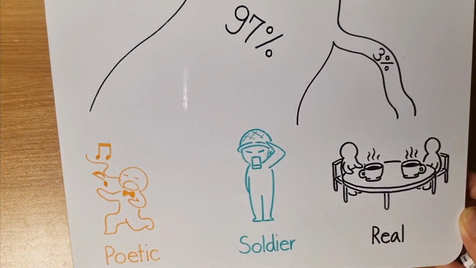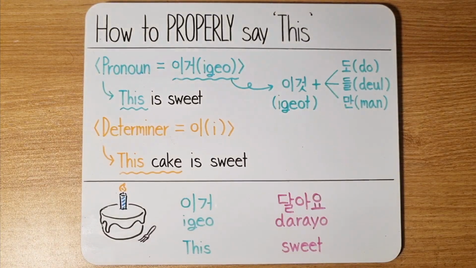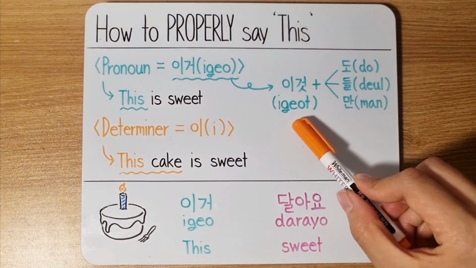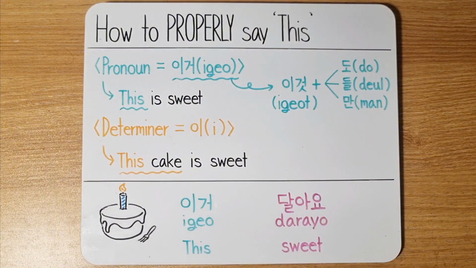That's not how you want to sound. So, I would not advise you to use this version. Instead, use this version if you are speaking natural, colloquial Korean, the type of Korean that you can actually use in real-life conversations.